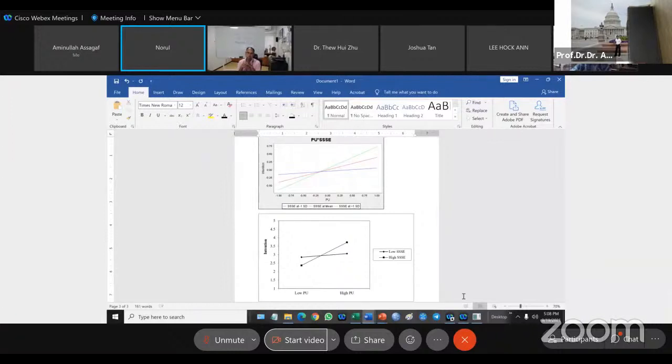What do you mean? If I have 2 or 3 IVs and I have one moderator, you have to run it once. Can it be run once? It should be run once, because all the independent variables are moderated, right? Okay, once, not separately.